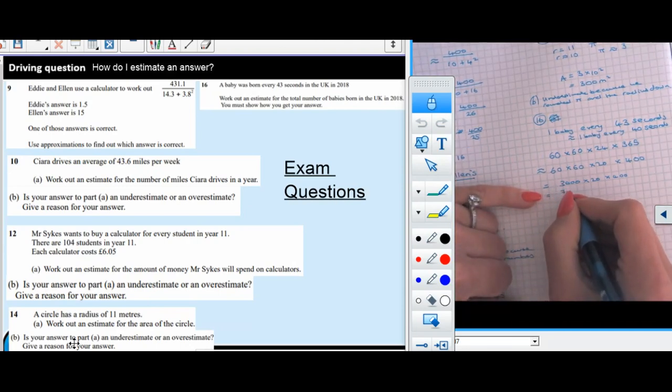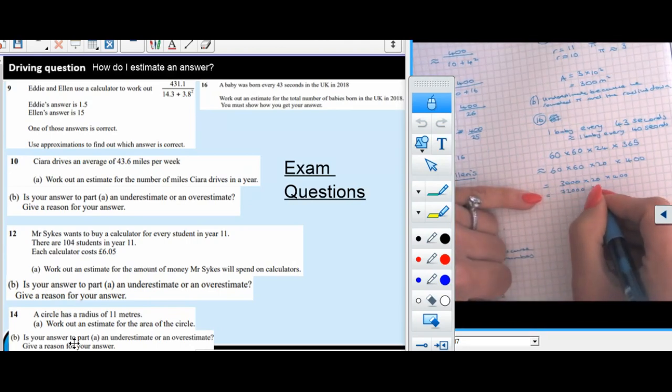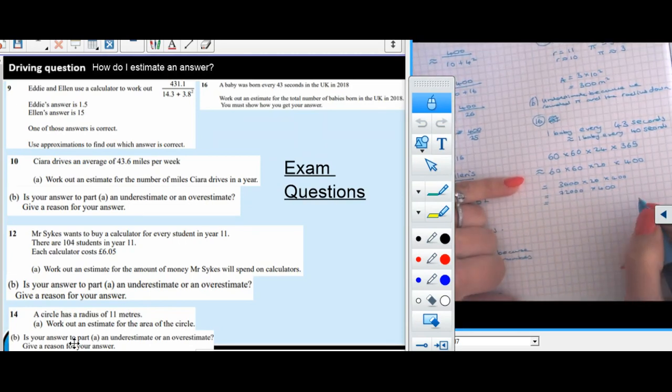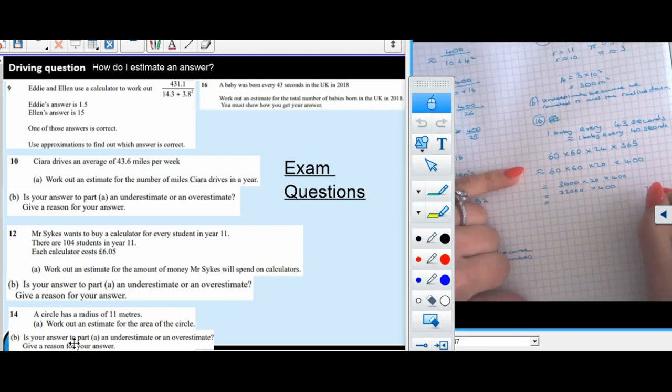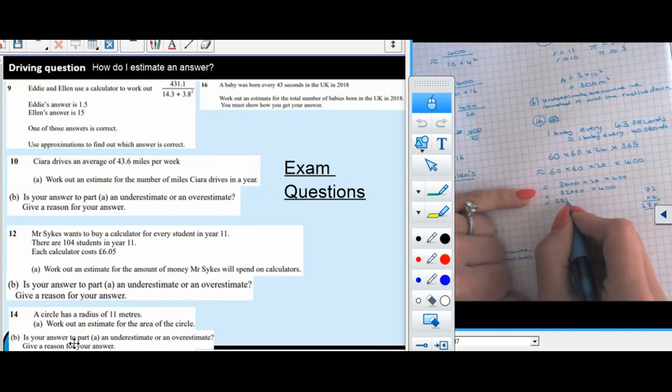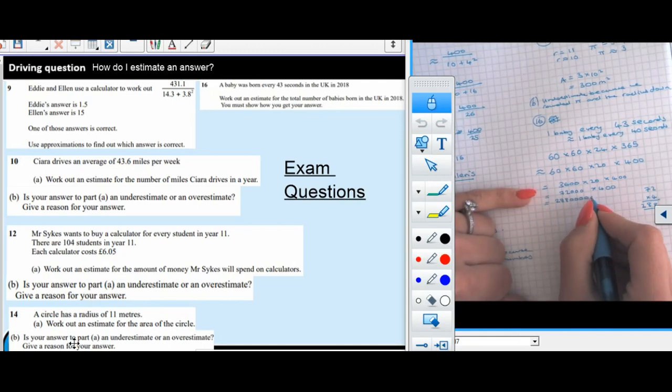3,600 multiplied by 20 is 72,000. 72,000 multiplied by 400. Well, I'm going to do 72 multiplied by 4 here. 288, and then I've got the 5 zeros. 1, 2, 3.